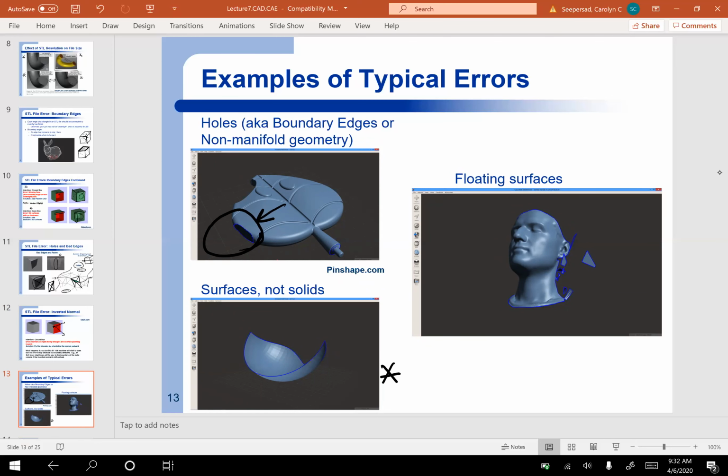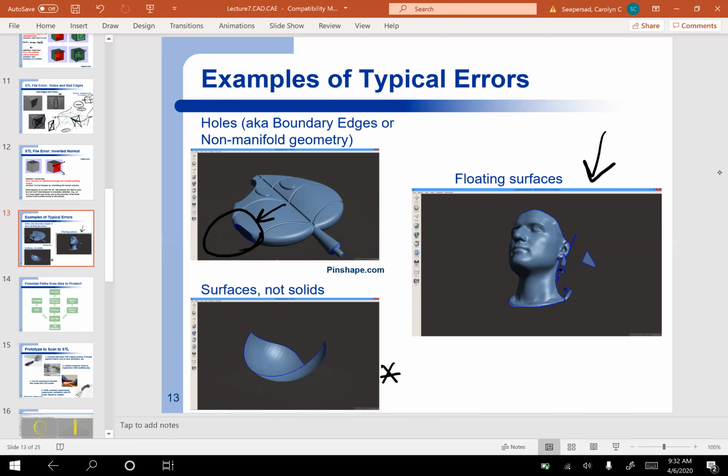It's infinitely thin. Here's an example where we've got floating surfaces. You can see the triangles here that aren't connected to anything else. And so that could lead to non-watertight parts or just disappearing features in your build, right? So those are all important things to think about, right?